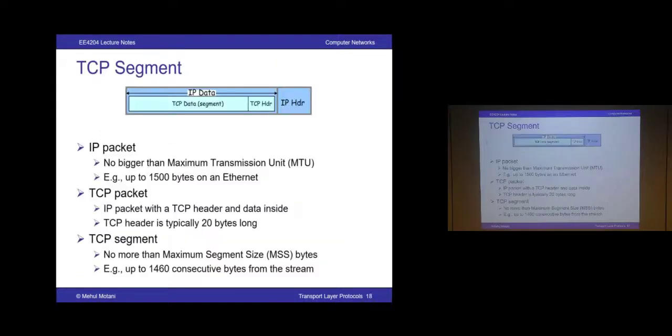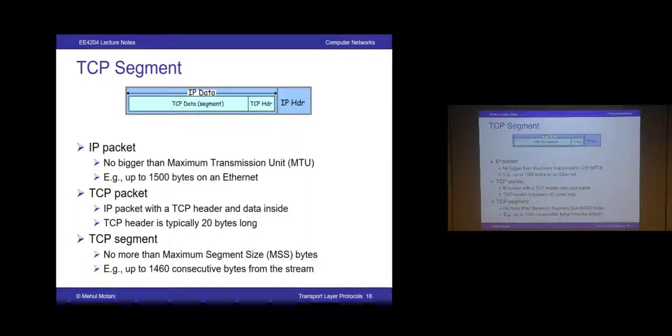So what does this segment look like? Essentially, a TCP segment sits inside the datagram. So I'm showing you here the datagram. There's an IP header, and the network layer payload. But what is the network layer payload?